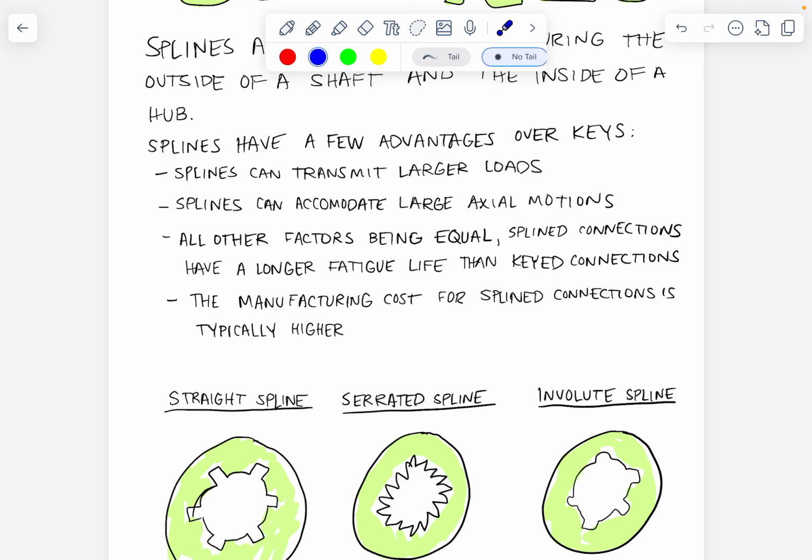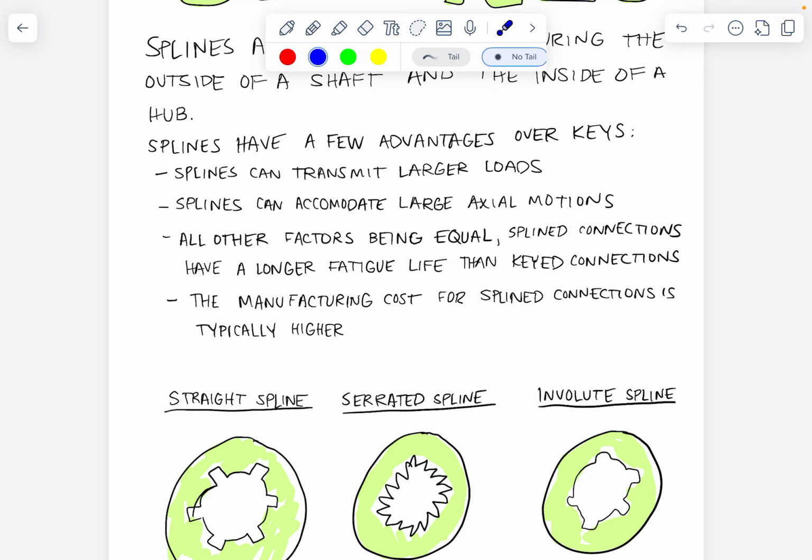This is essentially because the splined shaft and the splined hub are two parts that can now slide axially against one another, and we're not worried about another part, being the key, slipping out as they translate axially against each other.